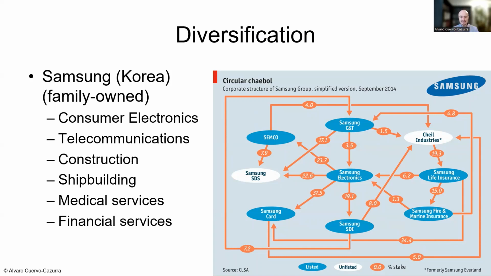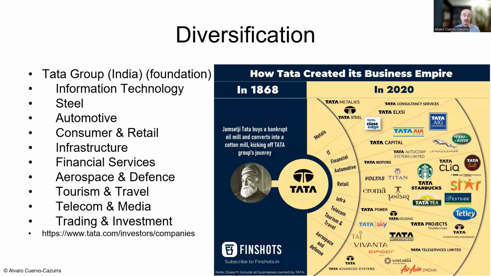The idea is that you start growing, you start investing in different industries, and eventually you end up with a highly diversified corporation. We can also have, for example, in the case of the Tata group, a foundation, rather than a particular owner, that controls the group, and a long list of very different types of businesses in which they operate.